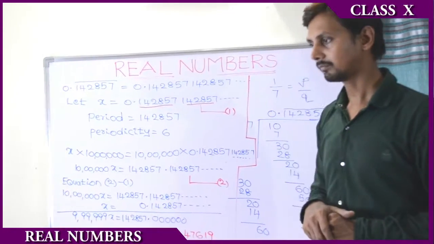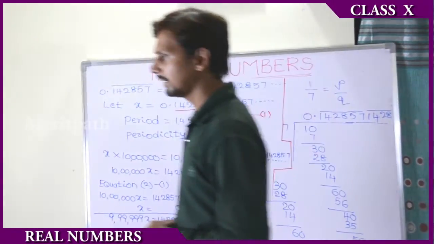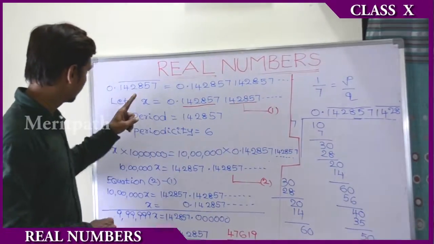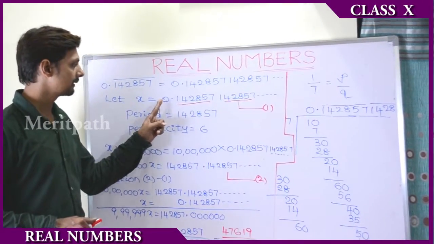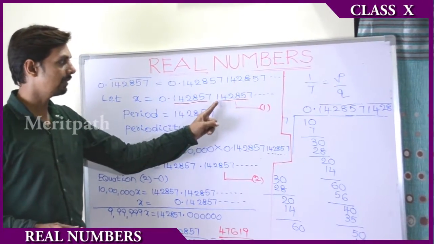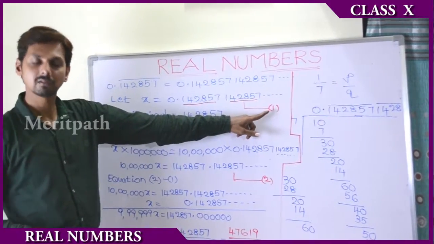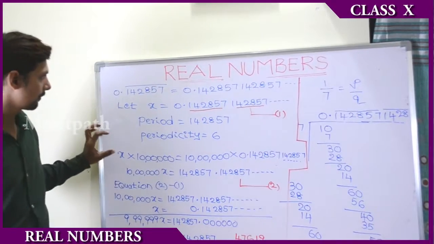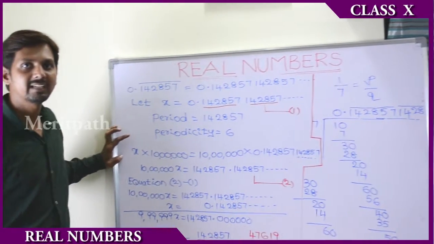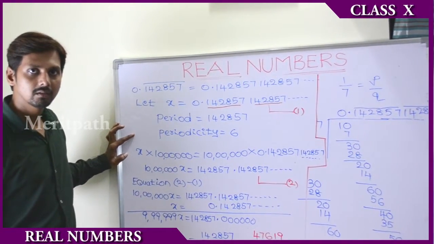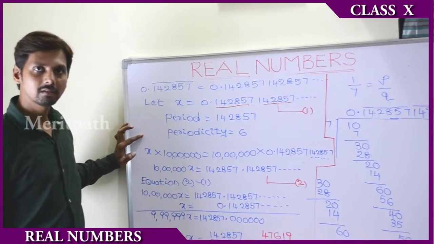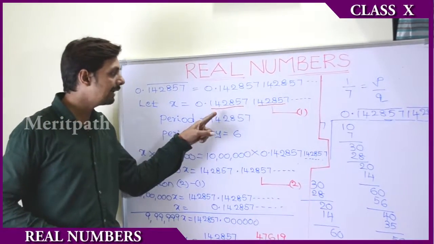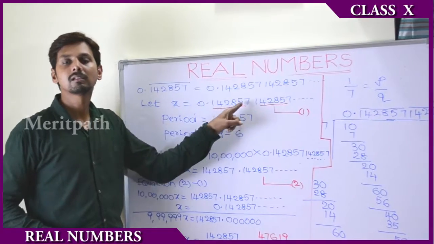So let us take the first one. x is equals to 0.142857, 142857 as the first equation. Take this equation and multiply with 10 lakhs. The reason is we have 6 decimals repeating here.